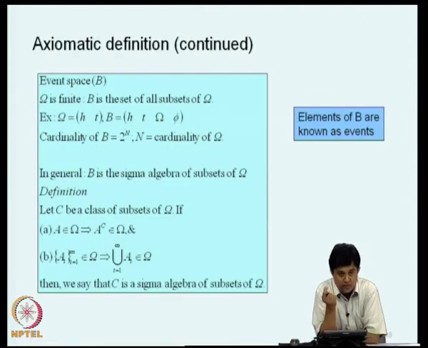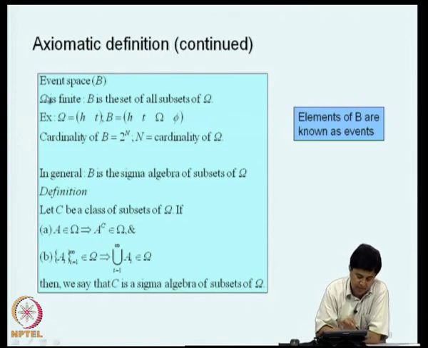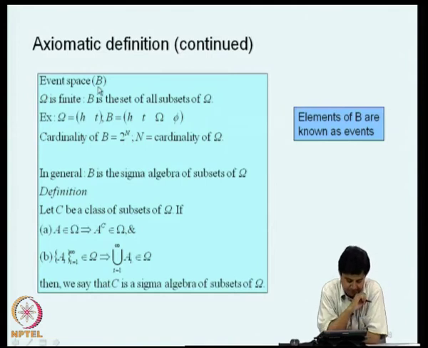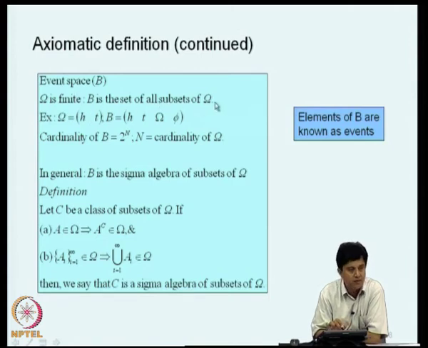We have now talked about random experiment, we have talked about sample space. So the next technical term is what is known as event space. Let us begin by considering the sample space to be finite. When the sample space is finite, we define the event space as the set of all subsets of the sample space.